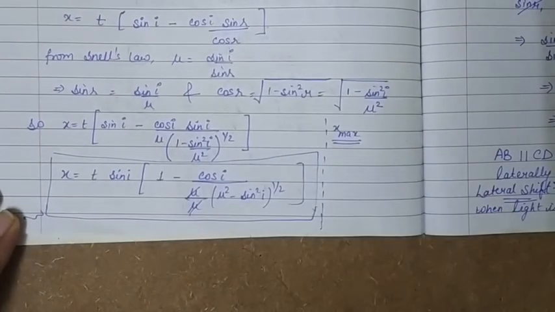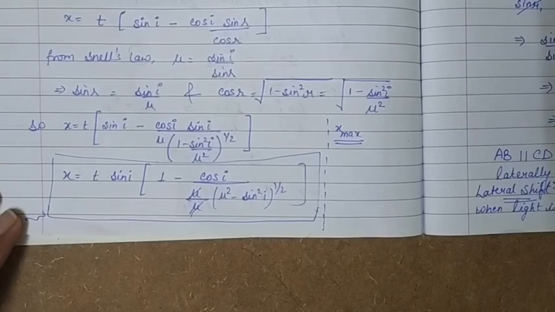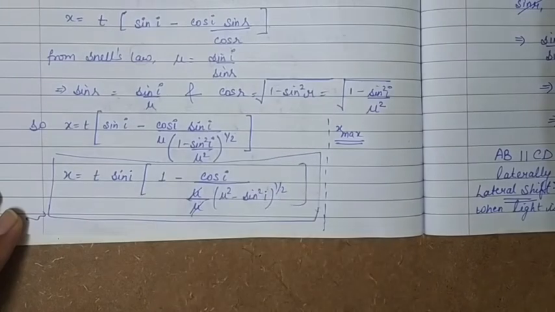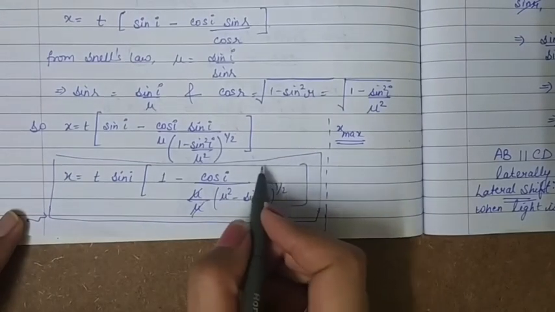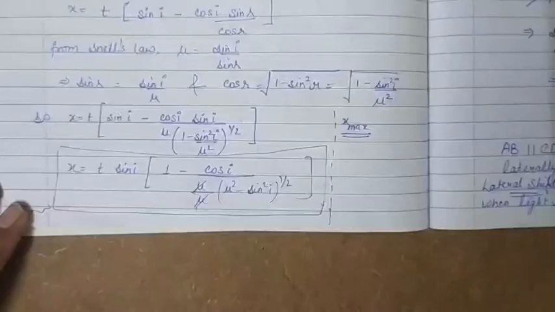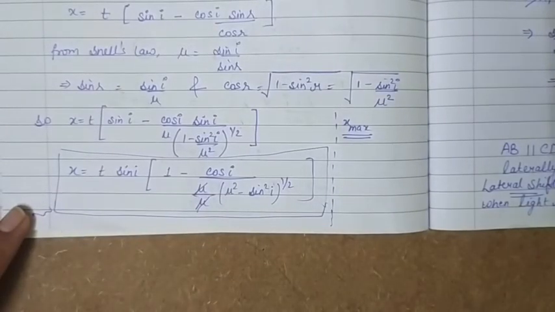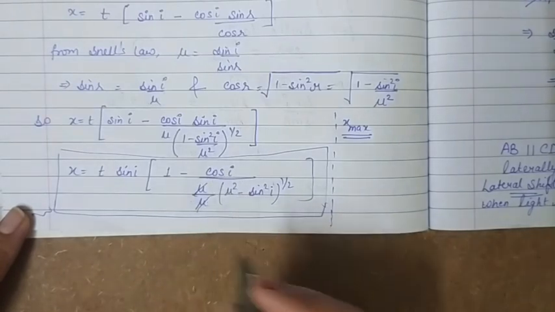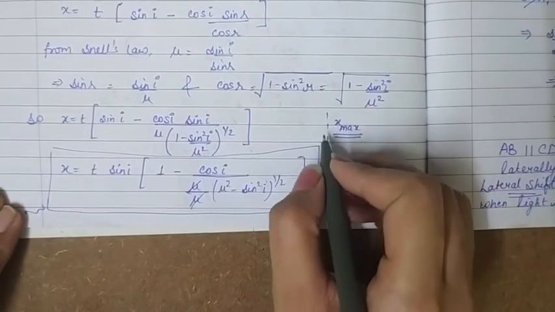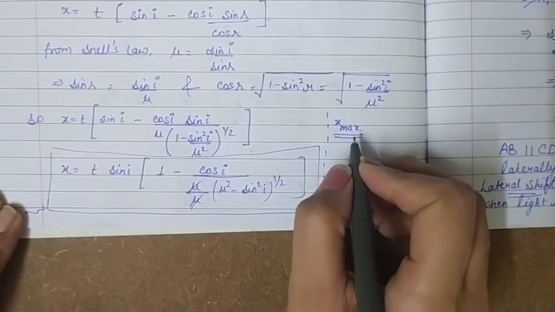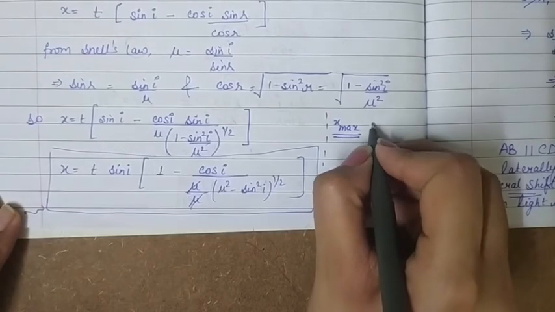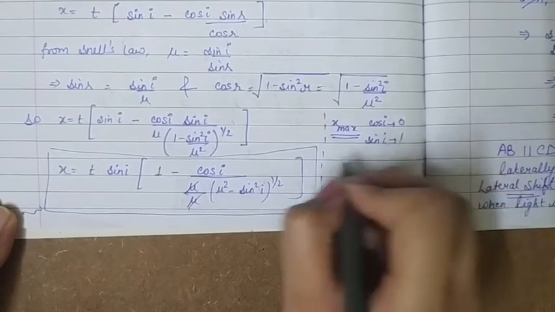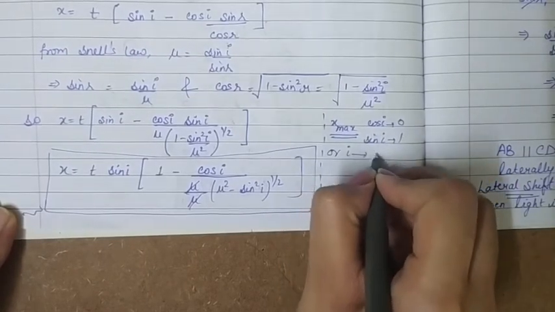For maximum value of x, the term that we are subtracting from 1 should be such that its numerator has minimum value and denominator has maximum value. We get the maximum lateral displacement when cos I tends to 0 and sin I tends to 1, or when I tends to 90 degrees.